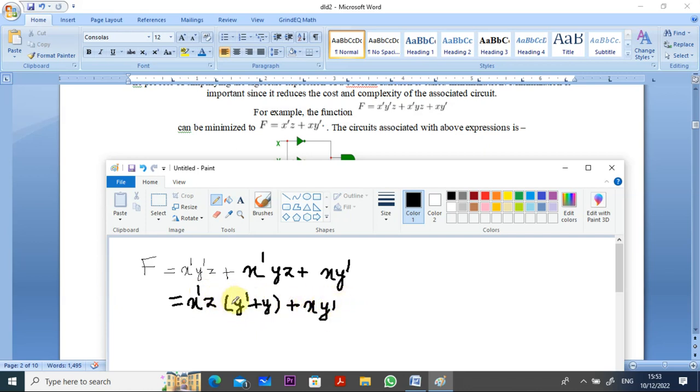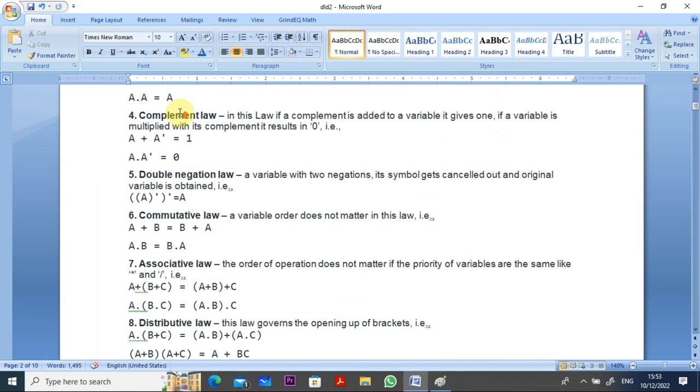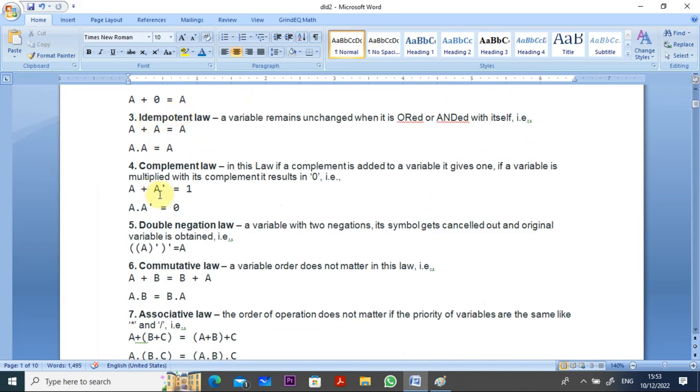You know? Then y plus complement of y, what is the value of that? Y plus complement of y is equal to 1. We know that. Which rule? Check it. What is the rule you are following? Y plus complement of y is equal to 1. That is law number 4, or rule number 4.